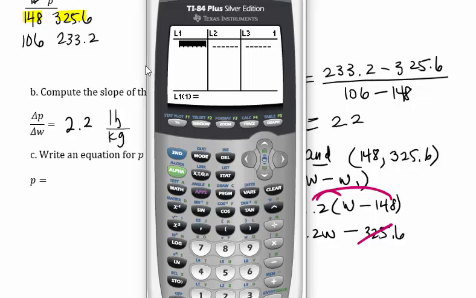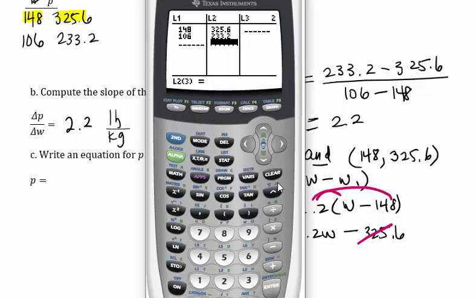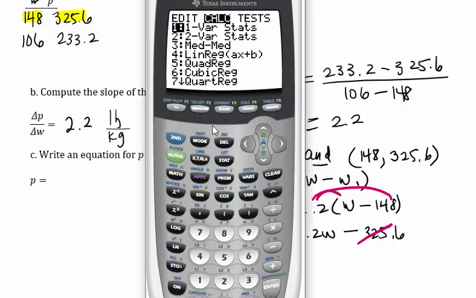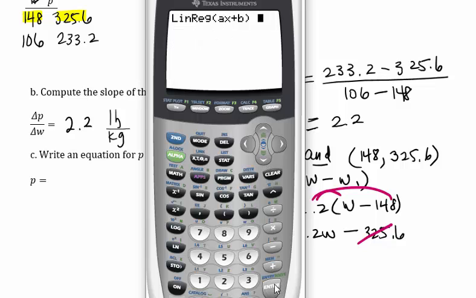I'm going to enter my W's in L1 and the P's in L2. Okay, and then we go to Stat, over to Calculate, and Linear Regression, which is number 4. Okay, and just hit Enter until it calculates.